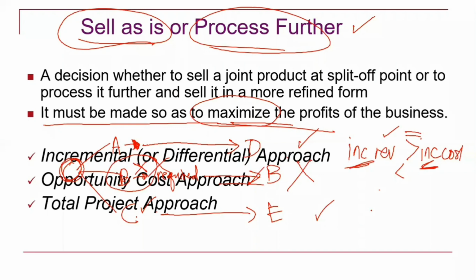Okay? So meron tayong three approaches. But ang pinakamadali dyan ay yung kauna-unahan, incremental or differential approach lang. At saka pag sobrang busy ng management, syempre mas gusto niya makita yung mga items lang na that would be relevant in their decisions.